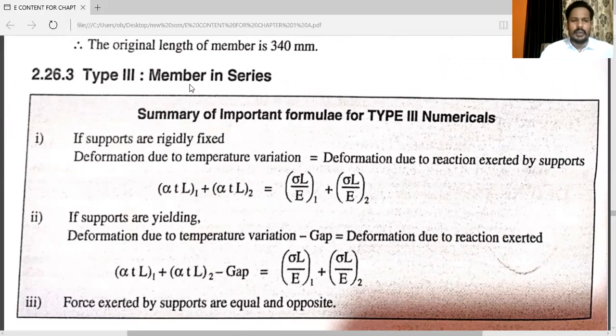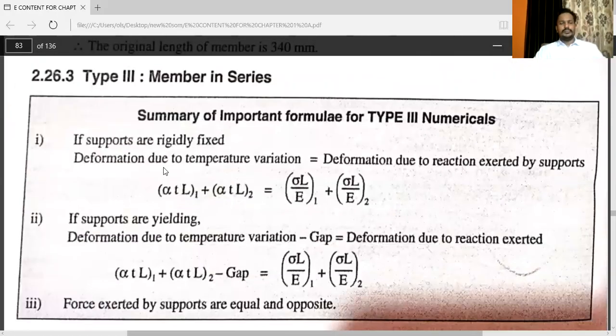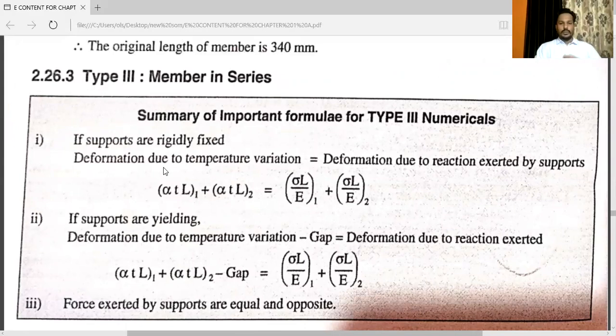Another type is when the member is in series. You can see this, that is very important. If supports are rigidly fixed, then the first condition is alpha into T into L1 plus alpha into T into L2 is equal to sigma L upon E1 plus sigma L upon E2.